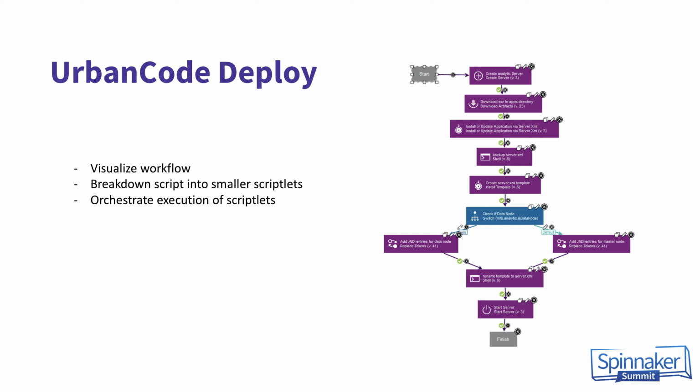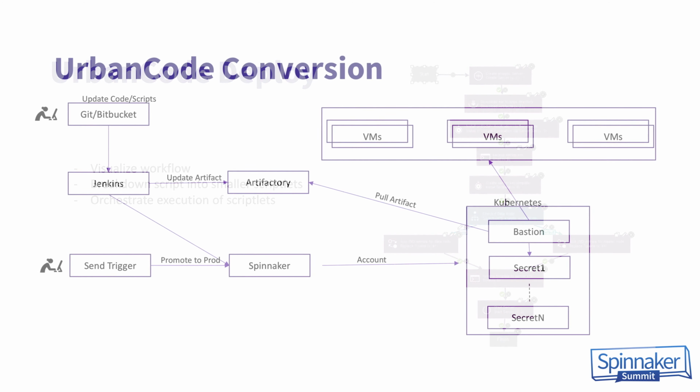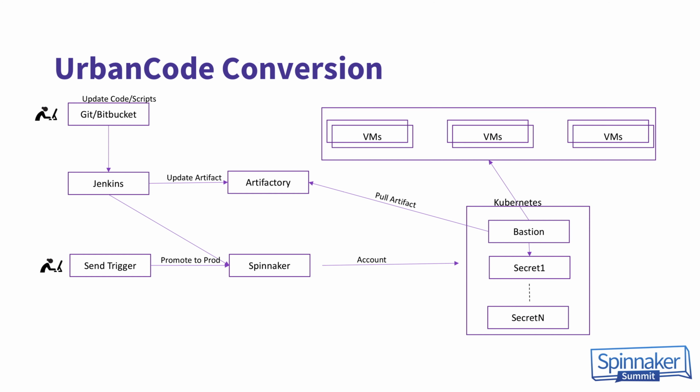So you will take all these scripts, put them in one sequence, have an uber script that runs the exact same sequence, and then you can put it as a stage in Spinnaker. So that way you can completely eliminate this UrbanCode Deploy, get the visibility and simplicity of Spinnaker along with other cloud workloads.